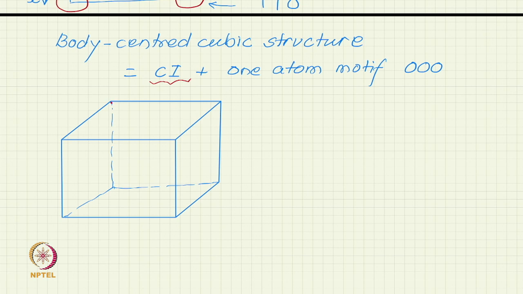So, lattice points are now, since it is cubic, obviously at corners of a cube. Corners are always lattice points in any unit cell, whether it is primitive or non primitive. And then since it is body centered, since it is I, there is a lattice point in the center also. And since I am saying one atom motif, there is an atom sitting at each of these lattice points.